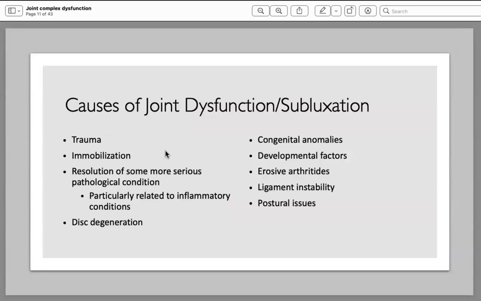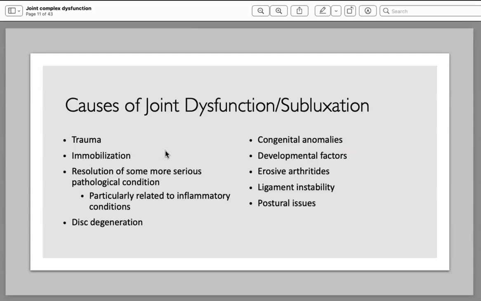Now, when we get into causes of joint dysfunction, remember that these can be the cause or end up causing, but let's stick with causes of joint dysfunction.